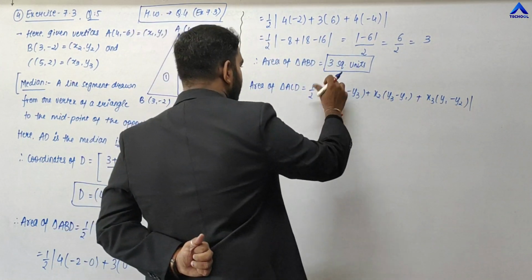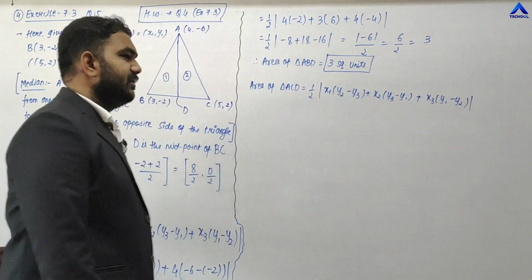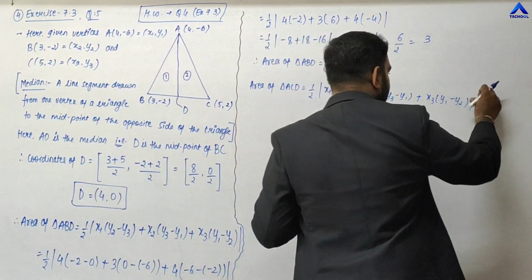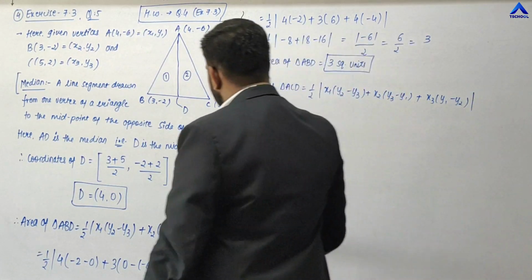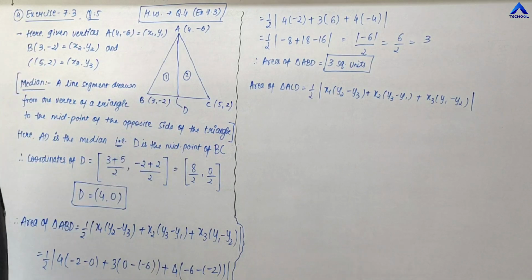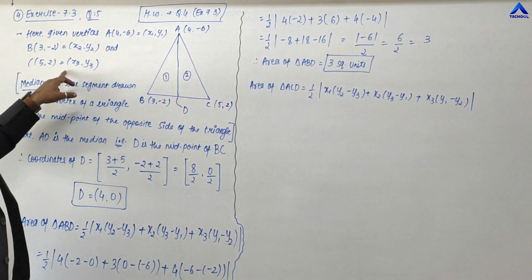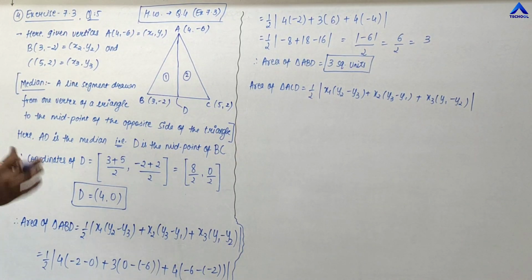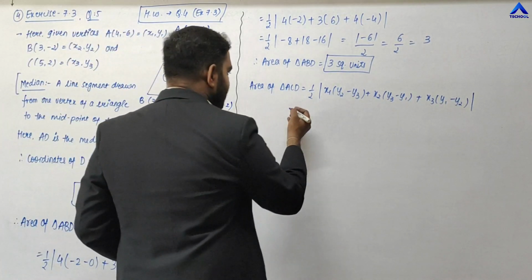Now we shall take, friends, x1 y1 as A, x2 y2 as D, and x3 y3 as C, because we are already having C as x3 y3. You can take in any order, there is no difference here.